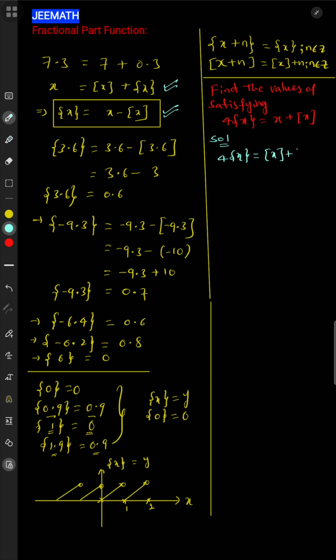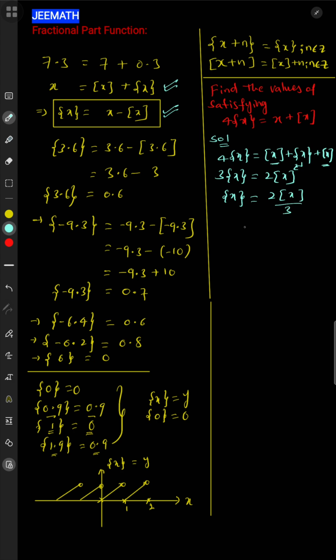So step x plus fractional part of x plus step x. Okay, so see here, taking it to the other side, what will we get? 3 times the fractional part of x is equal to step x plus step x, that is, 2 step x. Okay, now see, the fractional part of x is equal to 2 step x divided by 3.